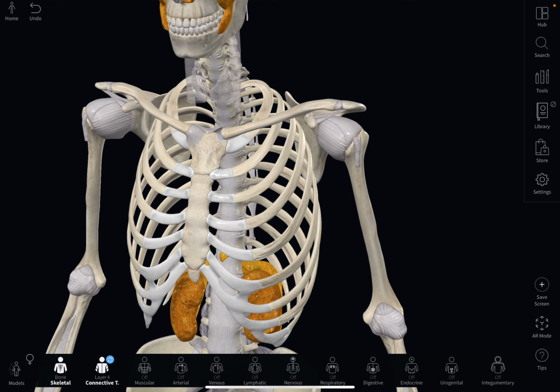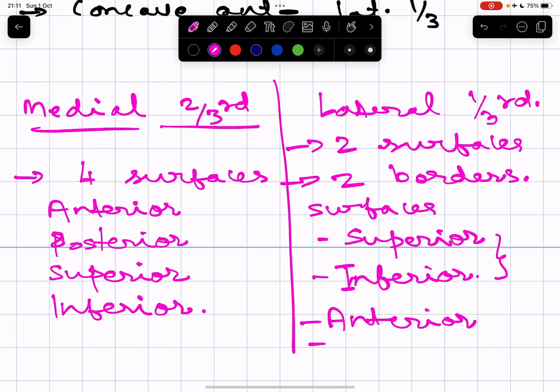The superior surface is separated from the inferior surface anteriorly by the anterior border, and posteriorly by the posterior border. So these are the borders and the surfaces of the shaft. So medial 2/3 and the lateral 1/3.